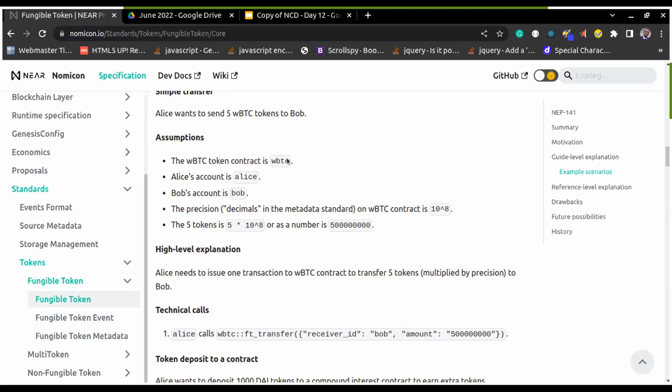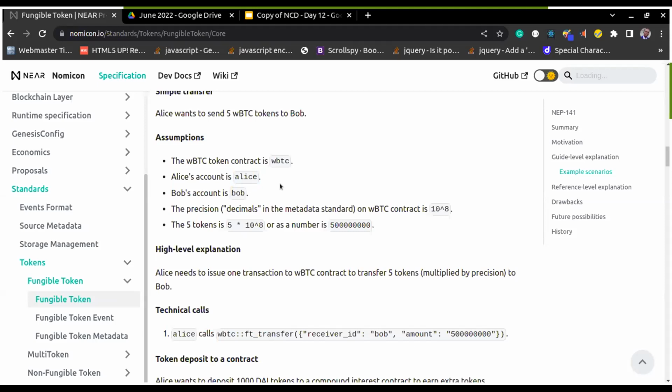So the fungible token smart contract whose token in this case is referred to as WBTC is deployed to an account of this address. So that is what this statement means. Then Alice's account in that particular smart contract is called Alice, and Bob's account is Bob.